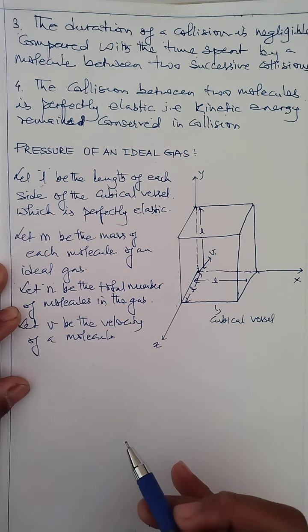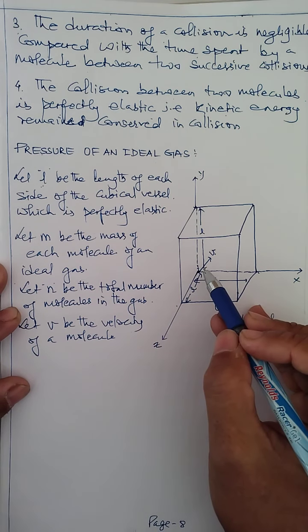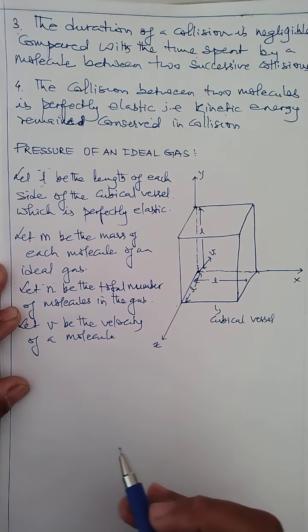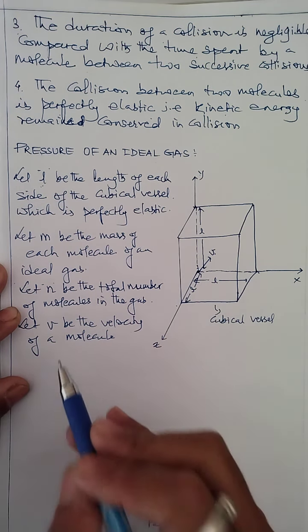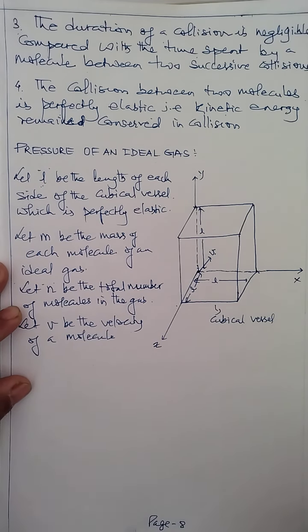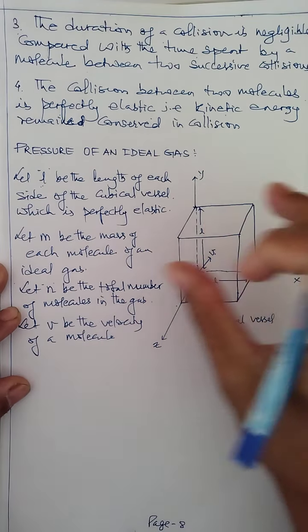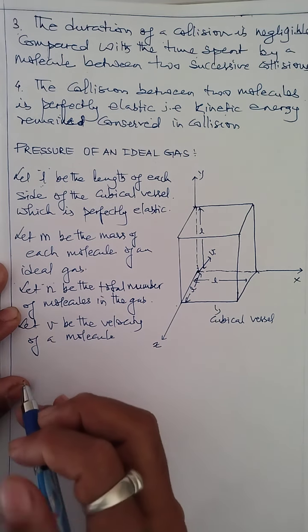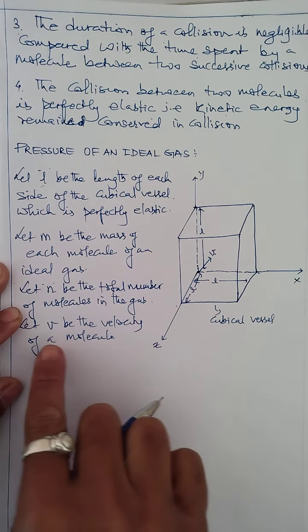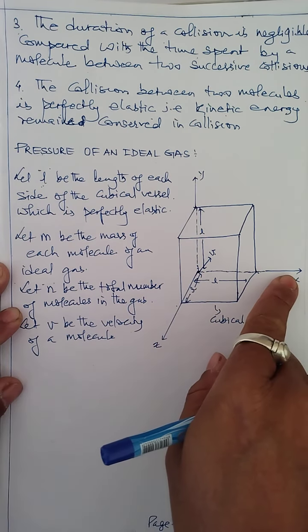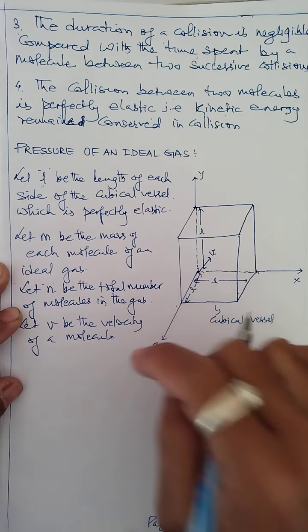So at any position when the molecule moves with a velocity B, remember this part, children, this velocity has to be split into 3 components, because this motion is a 3-dimensional motion. So this velocity can be expressed along the x-axis, y-axis and z-axis.